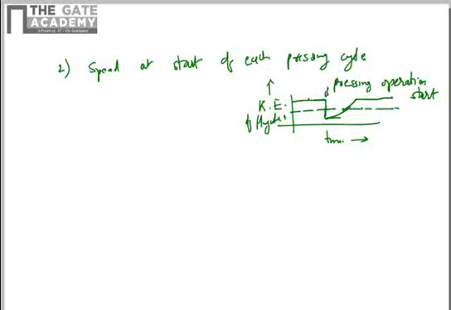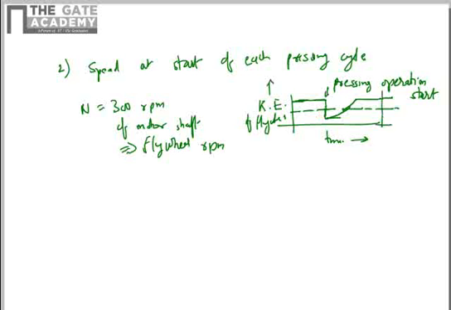From this diagram, we know that at the start of the cycle, the rotational speed is 300 rpm of the motor shaft, that is connected to a flywheel. So this is the flywheel rpm, and this cycle happens, pressing happens, and it then again regains its original value, then again the pressing happens.